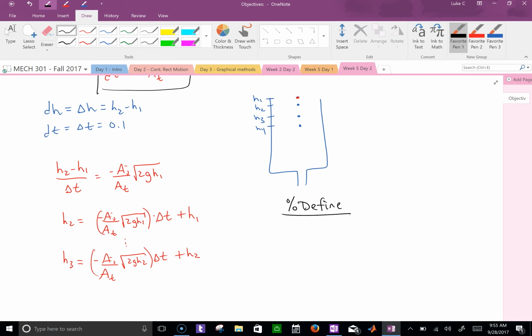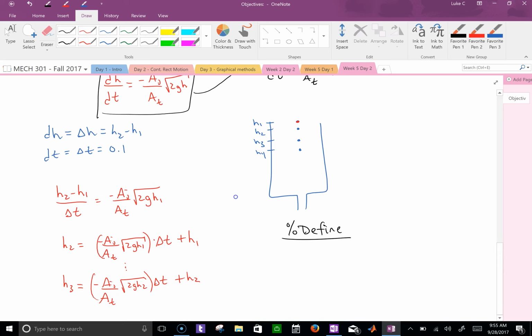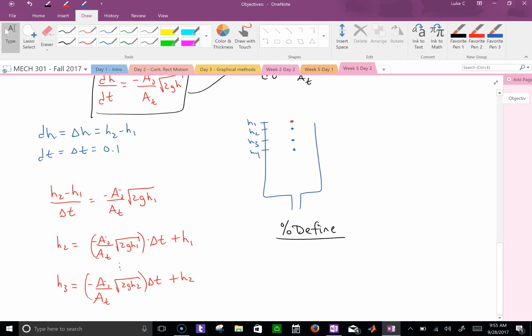Yeah, if you change H2 to 0, and you're given it, you'd simply solve for delta T, right? One over everything else. That would just end up being H2 over AJ over AT. So you're saying if you just set that whole equation equal to 0 instead of H2, you can find delta T if you're given H2.